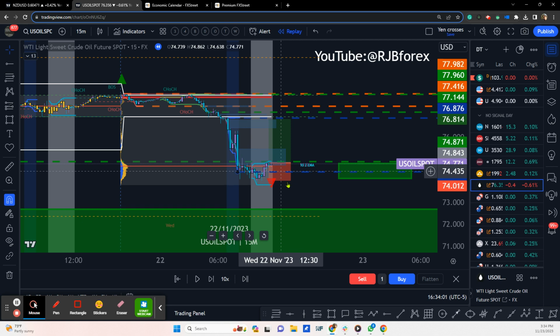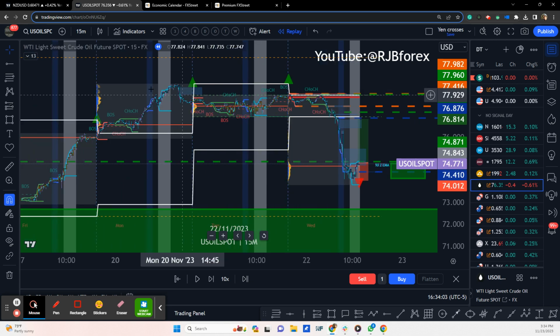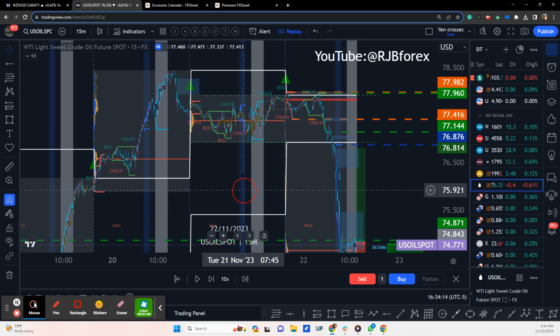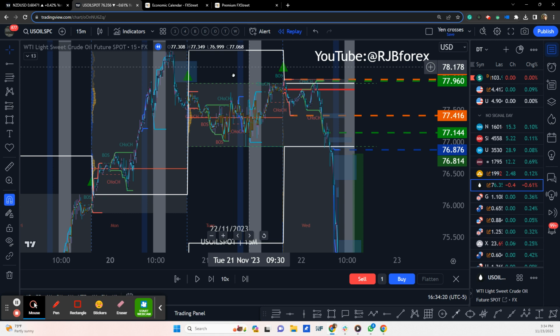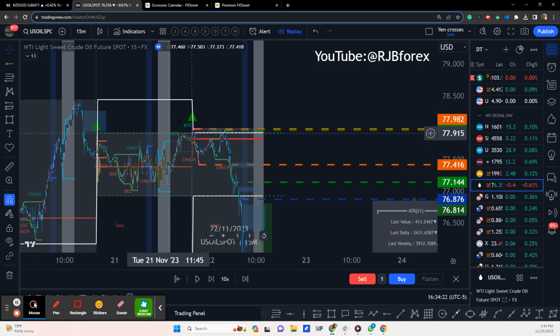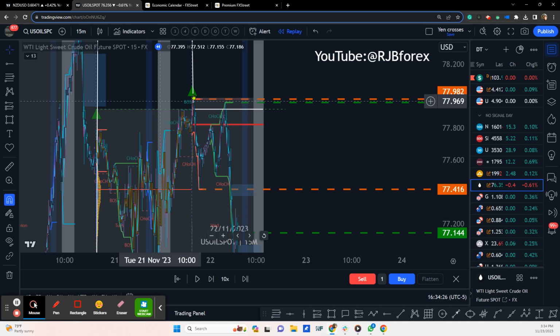This is Wednesday. This is Monday. Monday, Tuesday, Wednesday, behavior of price. What is Tuesday doing? It's an inside day. On Wednesday, we came up and hit some stops above the inside day.